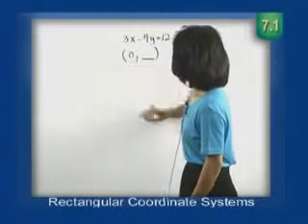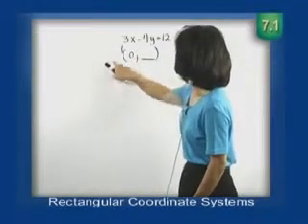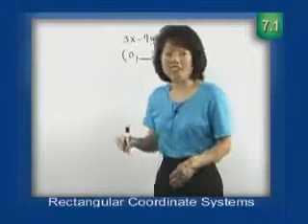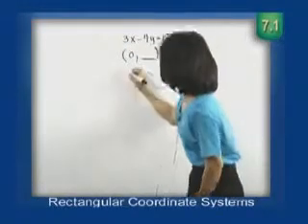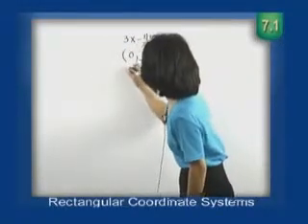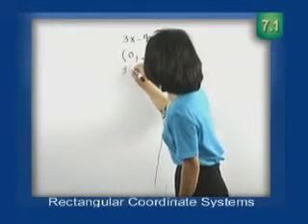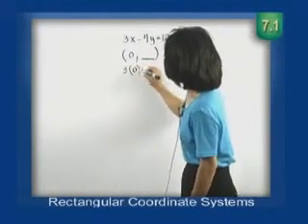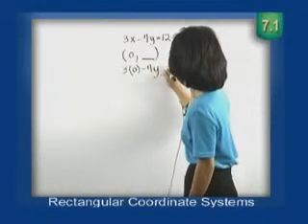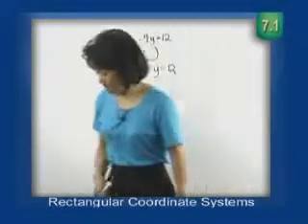Since x is equal to 0, we're going to take the value 0 and substitute it into the equation and let x equal 0. It looks like this. 3 times 0 minus 4y is equal to 12.